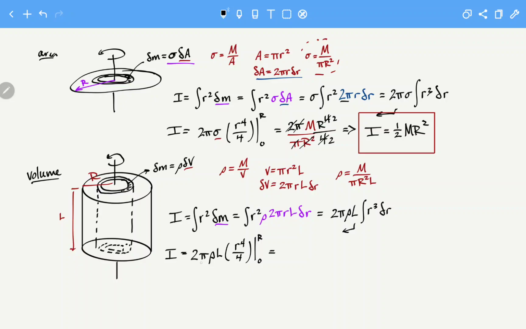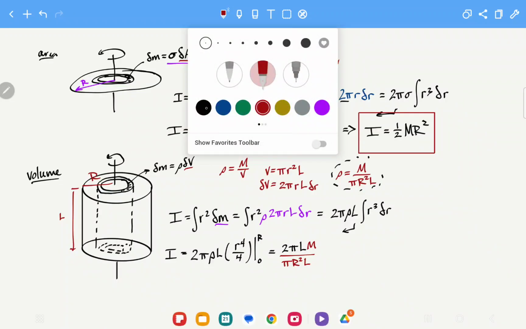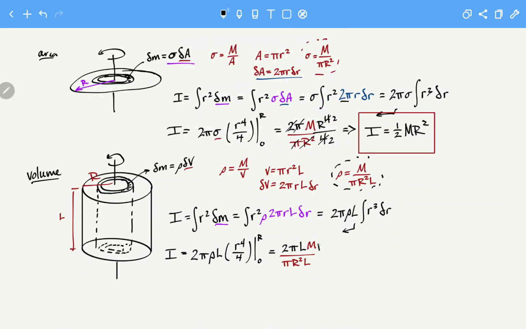And so we got the 2, we got the pi, we've got the L. Now, rho we have defined as this thing over here. All right, so I'm going to bring that in. So rho is now replaced with m over pi r squared L. And then we're going to multiply that by r to the 4th from our integral, divided by 4.